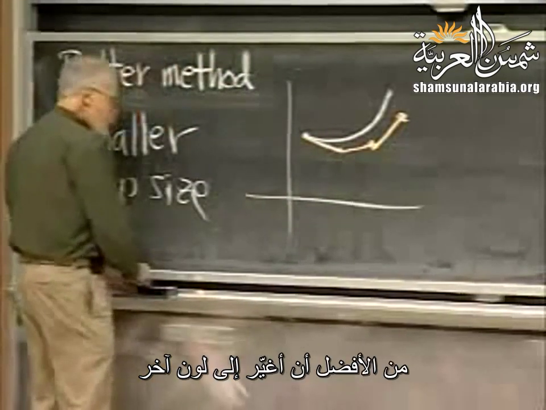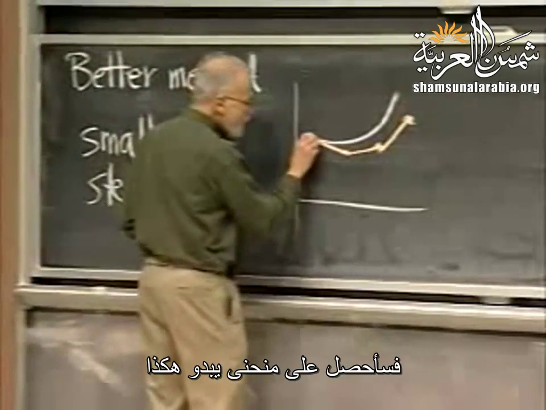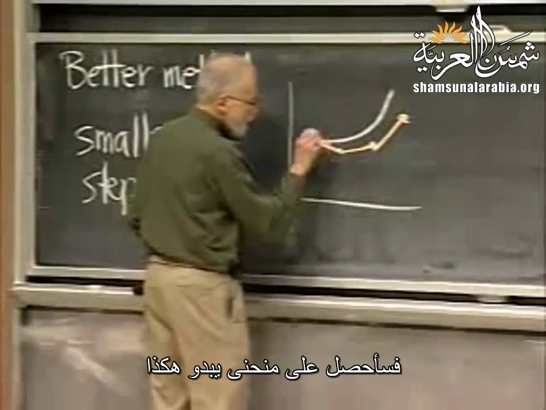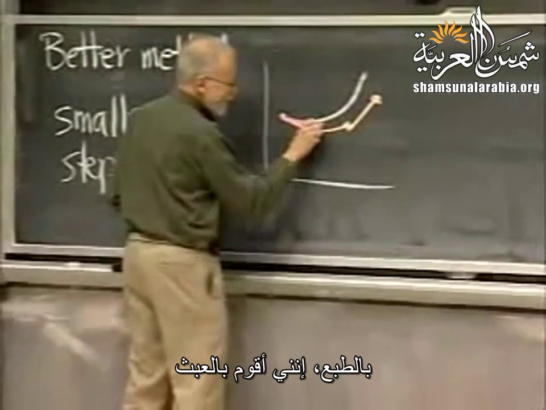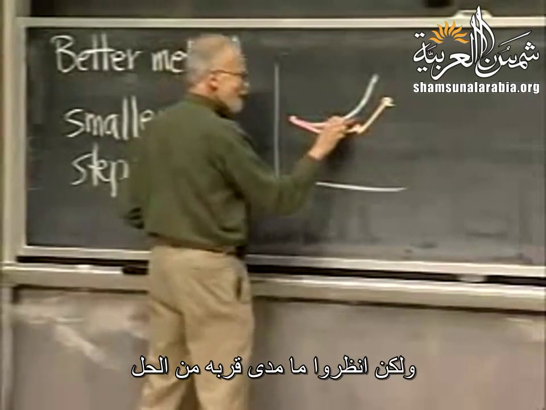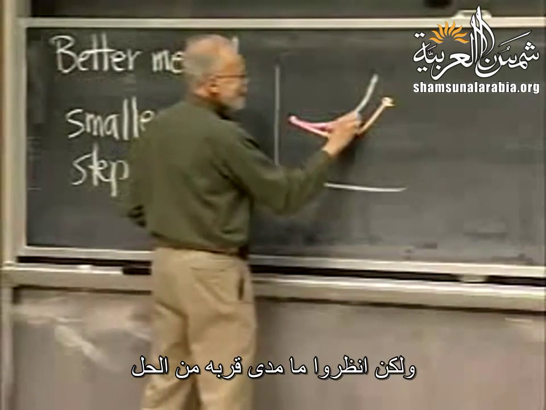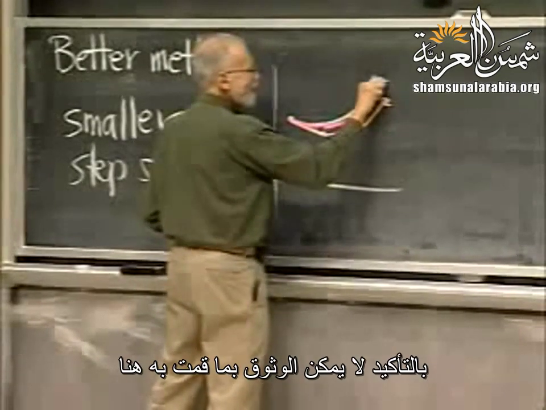Well, I better switch to a different color. If I halve the step size, I'll get a littler step. It goes like that, and now it's following closer. Of course, I'm stacking the deck, but see how close it follows?